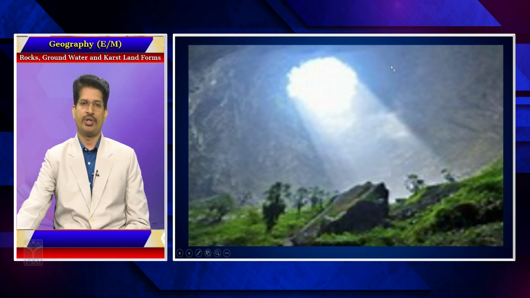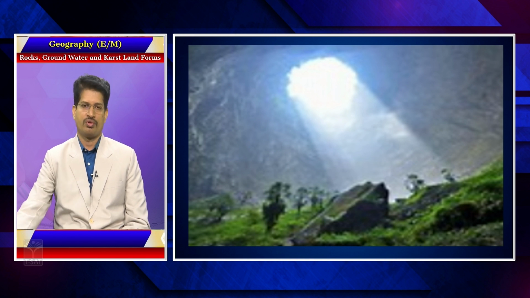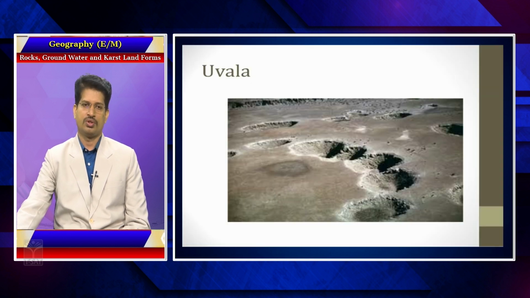This is an opening into a cave where the sunrays are able to pass through the hole when the sinkhole has been extended to form a blind valley, etc. When the light enters into the cave, this is the view inside the cave.